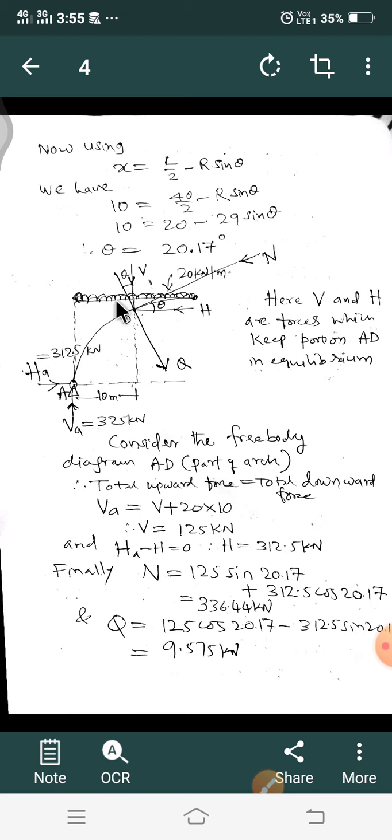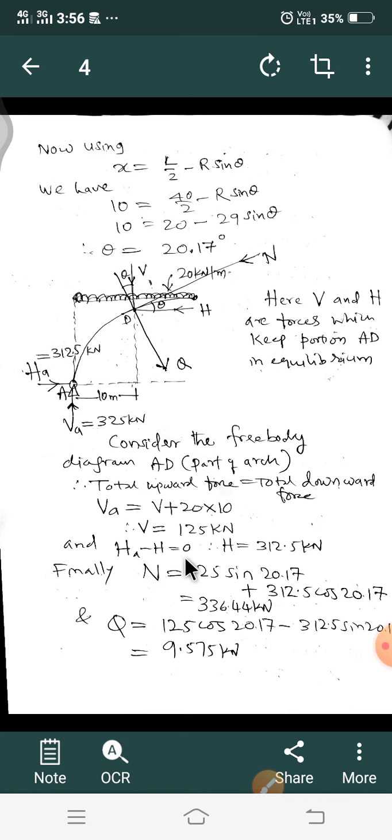You can see here VA, which is the upward force, must be equal to V plus this much UDL. So V plus 20 into 10. From this one, V is unknown, and I am able to find V as 125 kN.